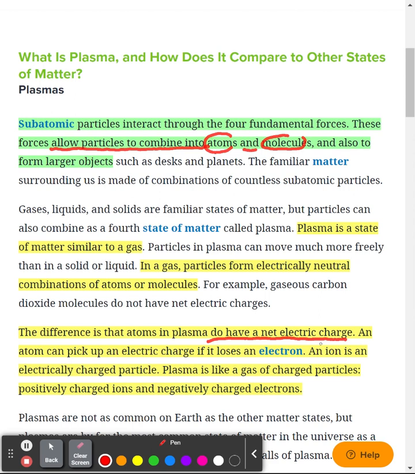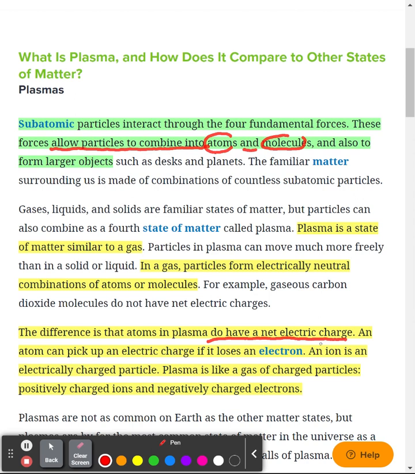That's if it loses an electron. So an ion is an electrically charged particle. Plasma is like a gas of charged particles, positively charged ions and negatively charged electrons.